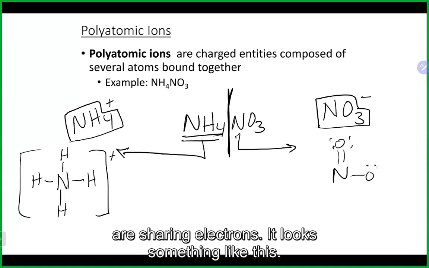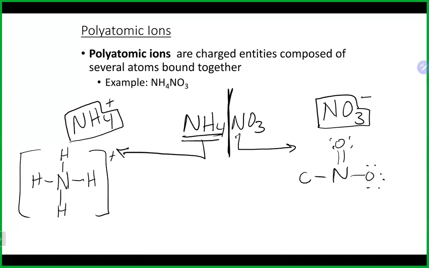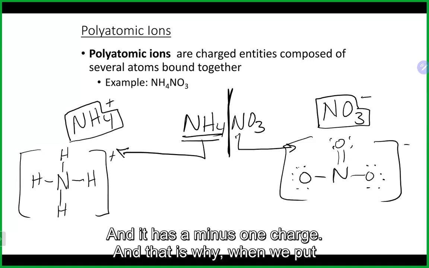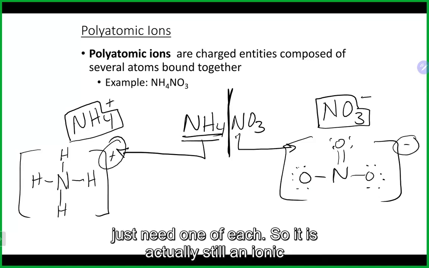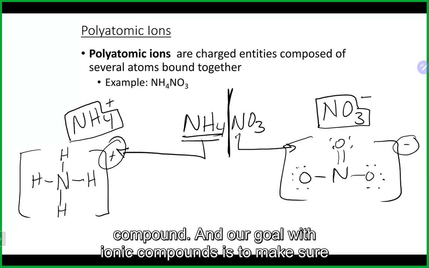It looks something like this. And it has a -1 charge. And that is why when we put these two ions together, +1 and -1, we actually just need one of each. So it is actually still an ionic compound.